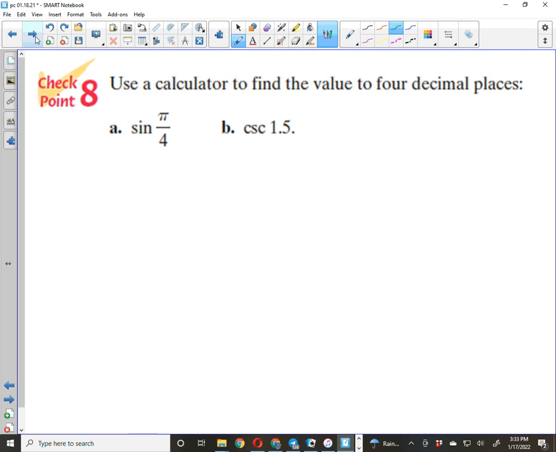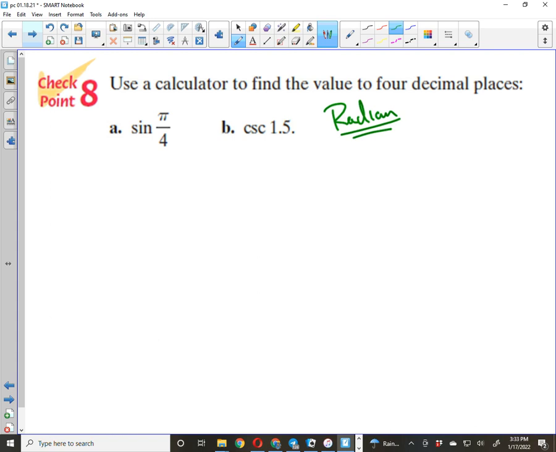All right. So lastly, we need you guys to use a calculator, and with that calculator, you have to first find your mode that you're in. Both of these are in radian mode, right? Radian measure.